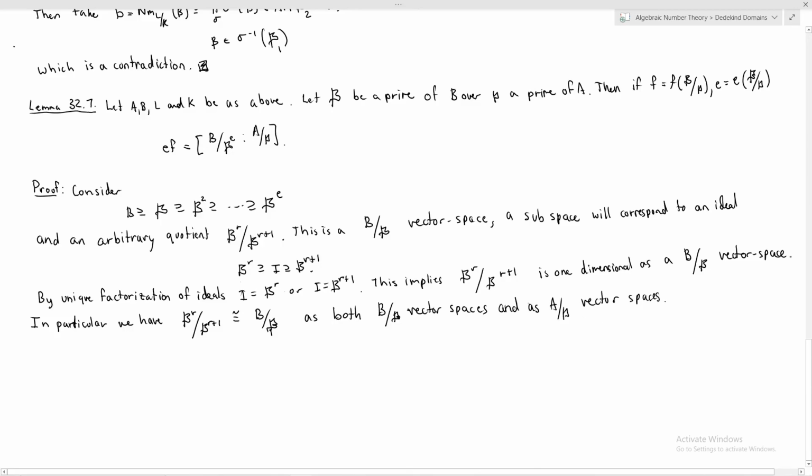Okay. That's basically just because A is contained in B, and P acts trivially on these things.